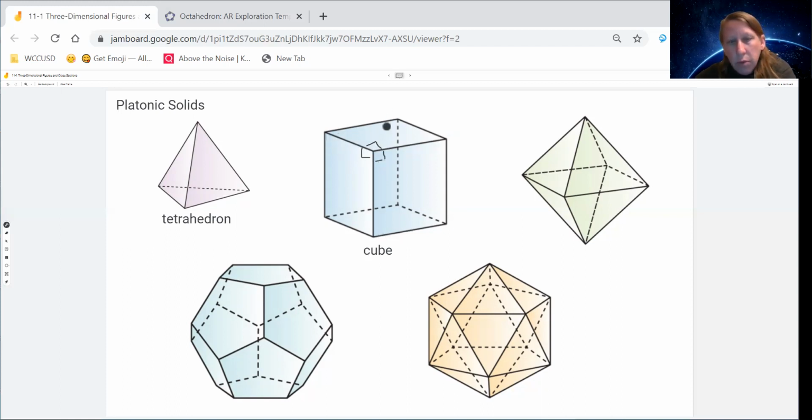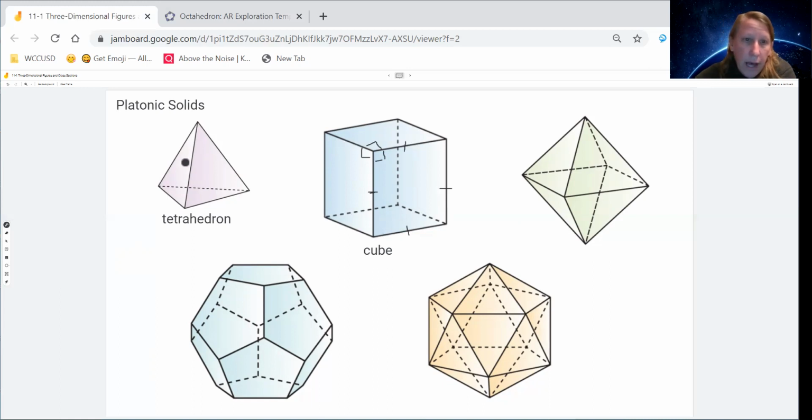So all of these are perfect squares. And so all 4 sides of the square are congruent and all 4 angles of the square are congruent. So it's a regular quadrilateral. And then all 6 faces are congruent.